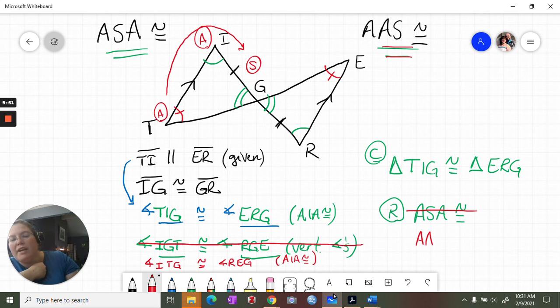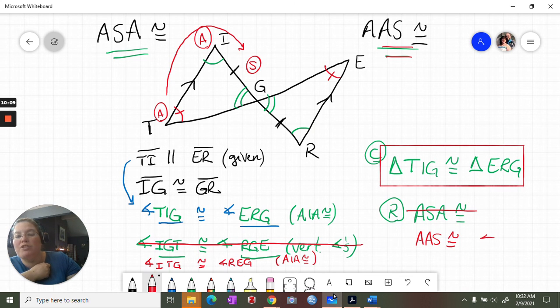I'm sorry, angle angle side congruence. So this is an example where how we view things impacts the outcome. It doesn't change the outcome, it just changes our approach to get there. Okay? So whether you are team vertical angle or team double alternate interior angle, it doesn't matter because our triangles are congruent.